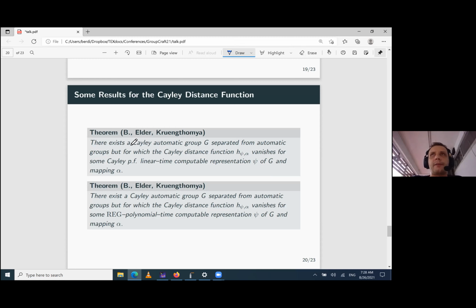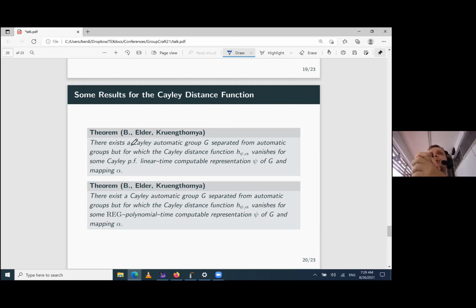What we have for the moment is an example of a Cayley automatic group for which the Cayley distance function is bounded from below by a linear function. But for the same group, you can construct a Cayley linear time computable representation for which this Cayley distance function is just 0.